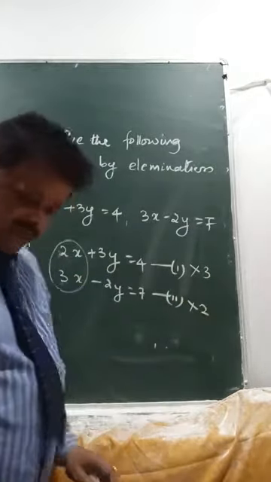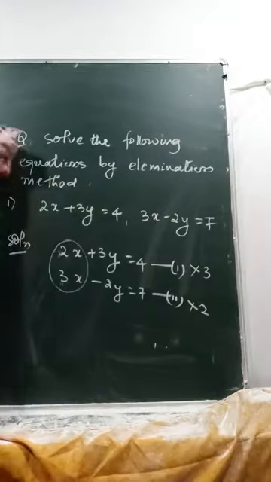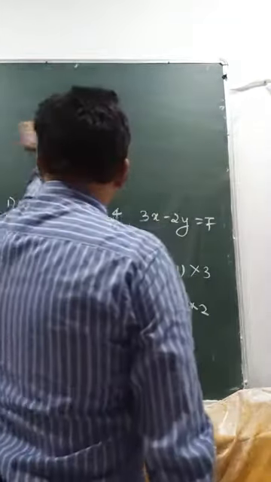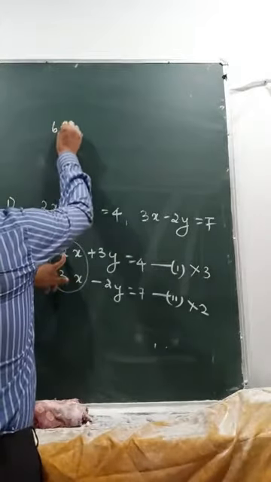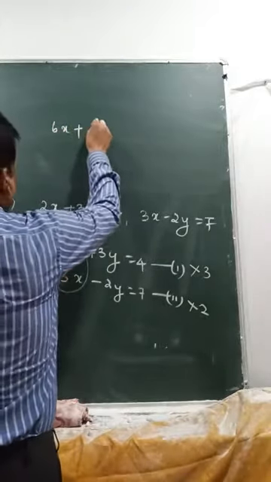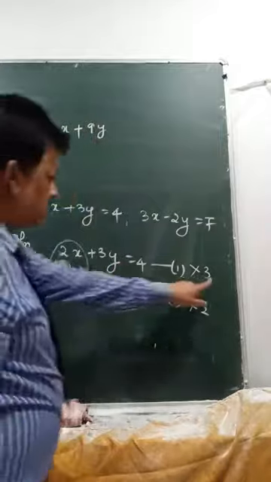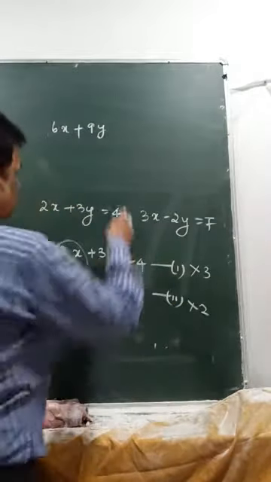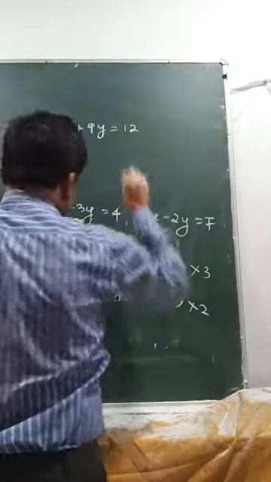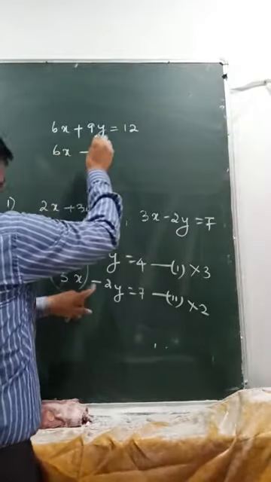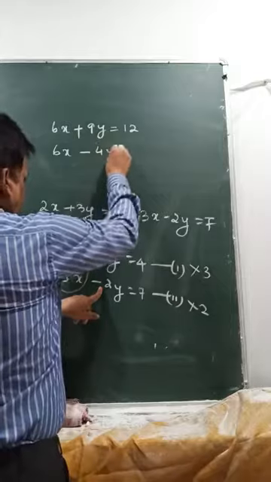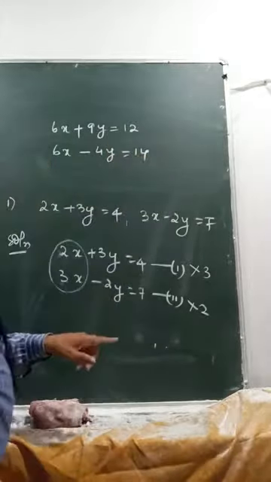So what do you get? 3 times 2 will be 6x plus 9y equals 12. And this will be 6x minus 4y equals 15.